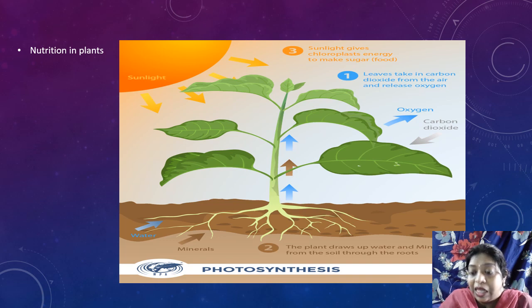Just like that, the leaves consist of chlorophyll, a green pigment, and the sunlight acts on the chloroplast, which helps to produce energy. Why? To produce sugar. In plants, sugar is nothing but the food. And this complete process is called photosynthesis.